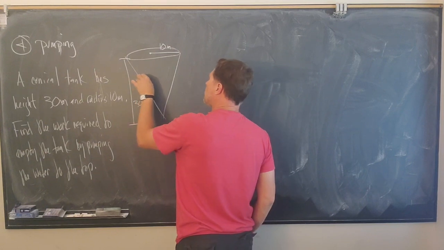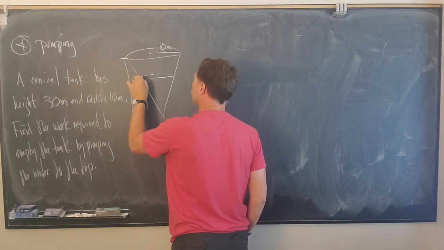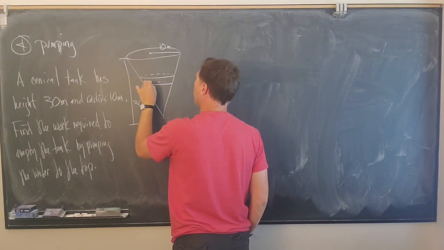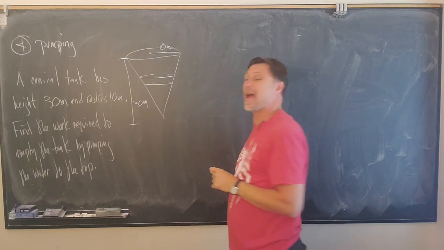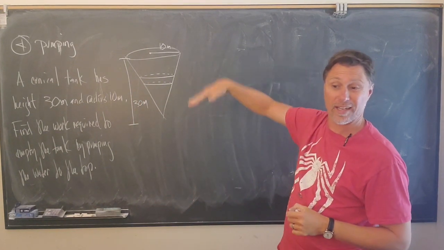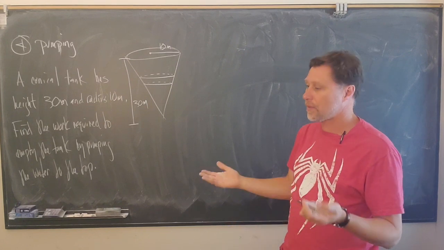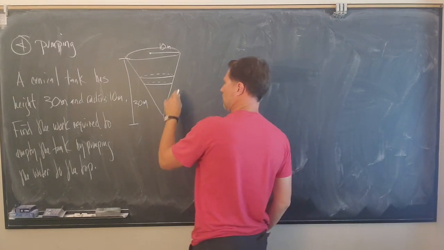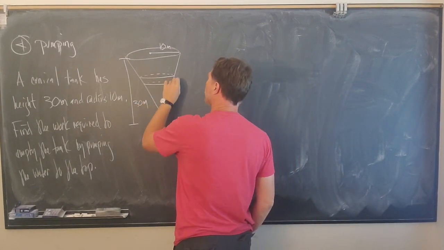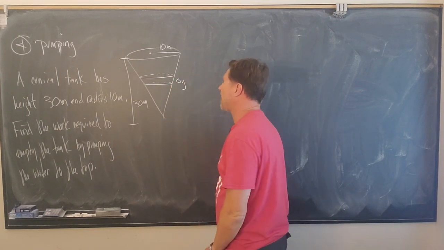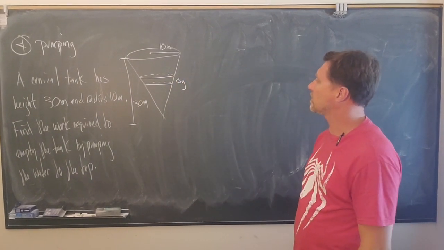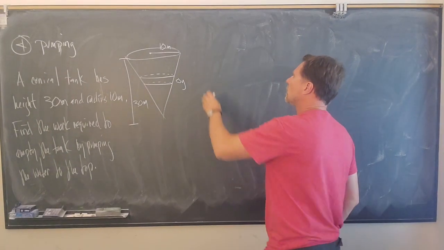What we're going to do is we're going to chop the water up into a bunch of slabs of water, and we're going to find the work required to get each of those slabs up to the top, and then that will be our process. So let's take slabs like this of thickness delta y, and so let's work through this.